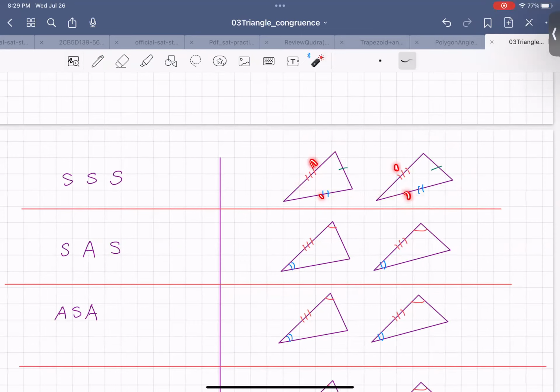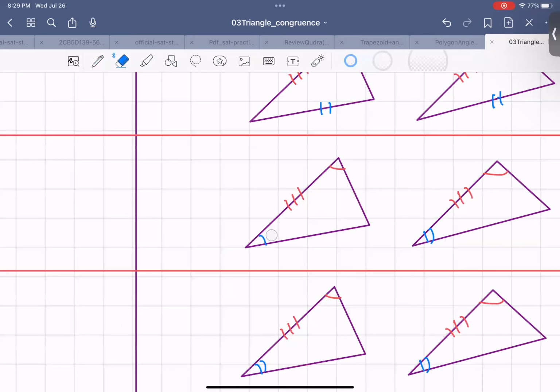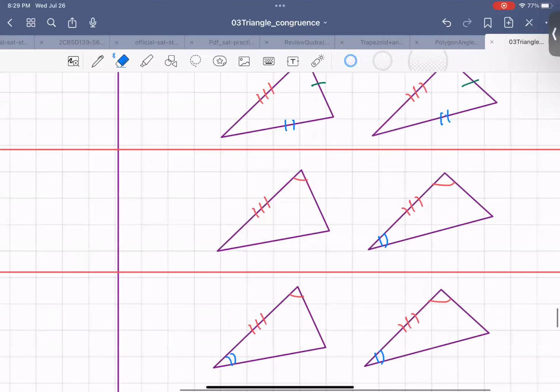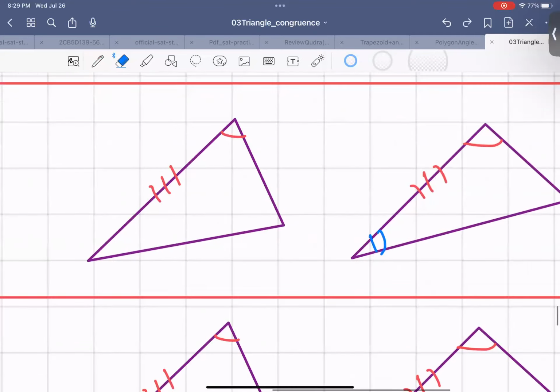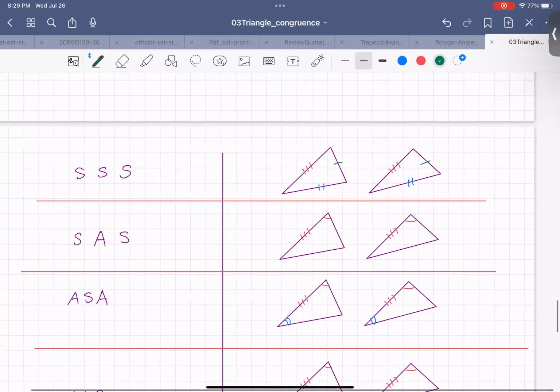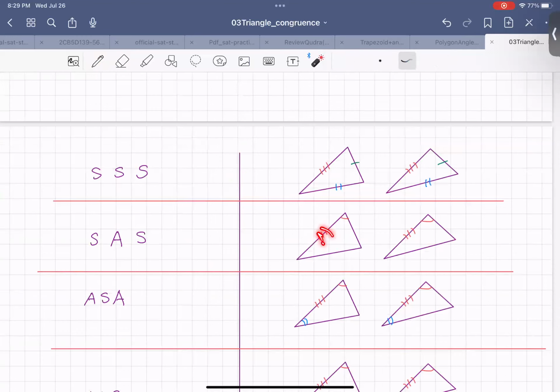If you have SAS, you will have a side congruent, an angle congruent, and then this side.